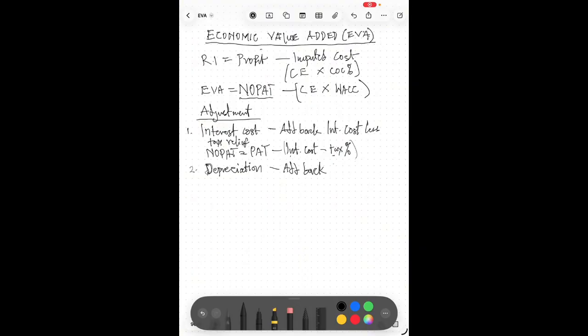So that will be NOPAT to calculate. I'm just writing as if I want to calculate now economic profit after tax. It will be profit after tax. Like I said, start with your profit after tax, then add back your interest cost.